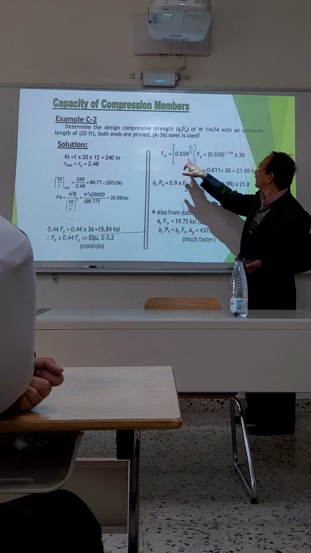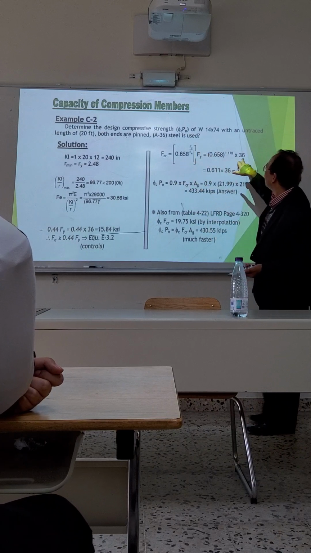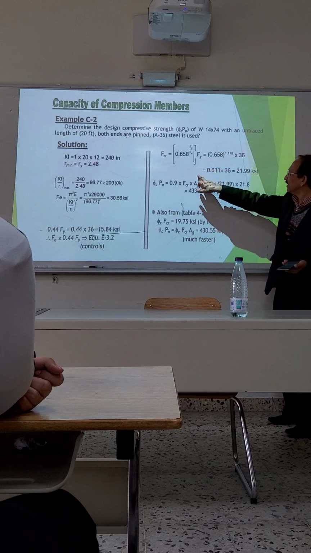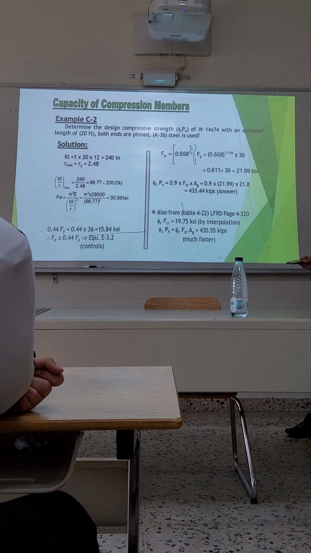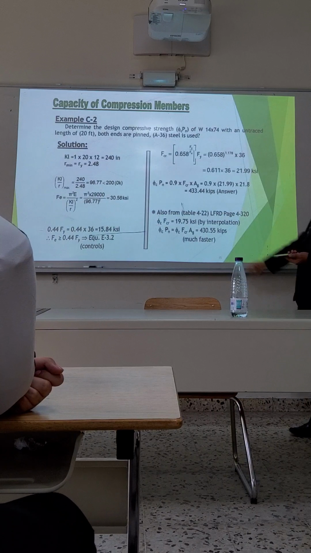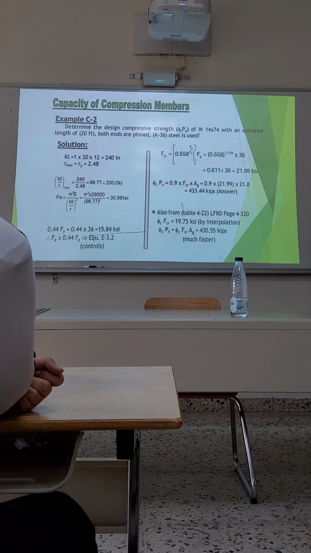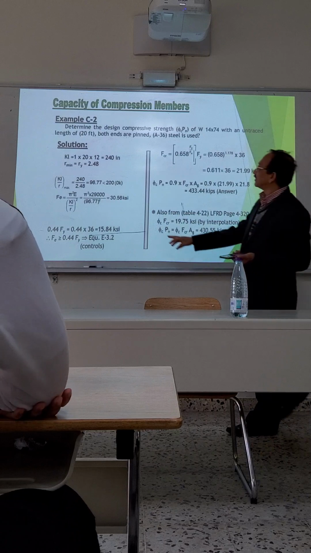So Fcr is this, and then you substitute the values Fy and Fe, all multiplied by Fy here, and you get this value as 21.99. So the critical stress for this column will be considered as 21.99, even less than this.